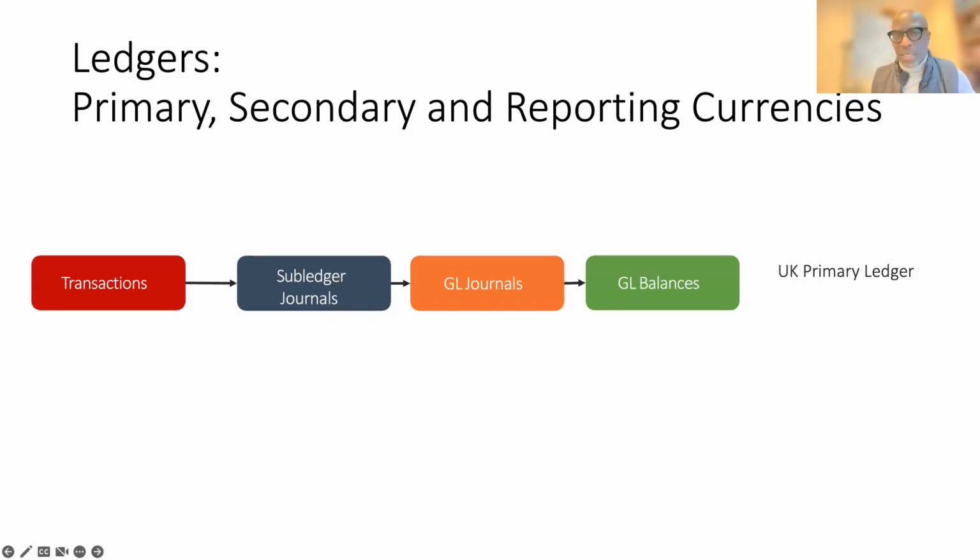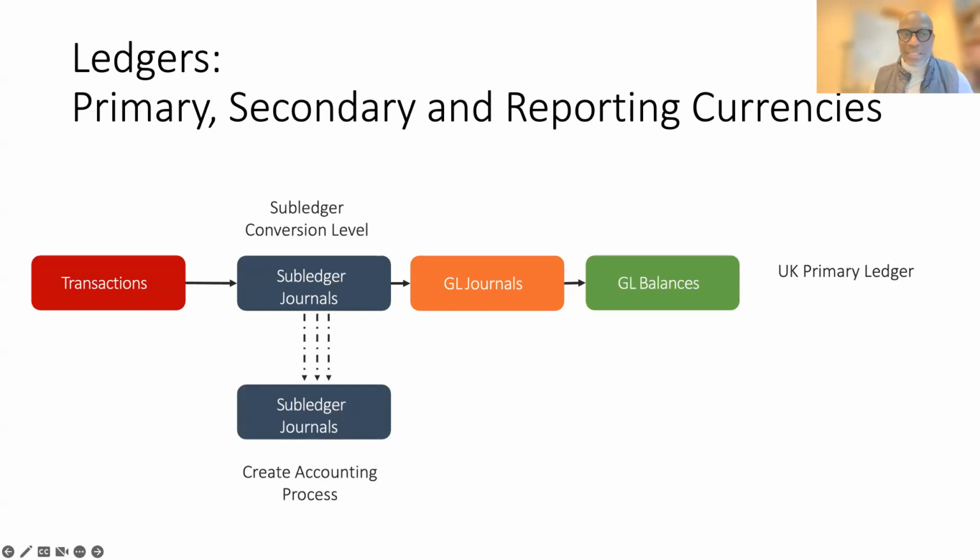So for an example here, I've got the UK primary ledger, but then you could decide that you want to transfer the data from your sub-ledgers to your primary ledger at a much more detailed level. So your conversion level could be at the sub-ledger level, which is the detailed transactions coming through.